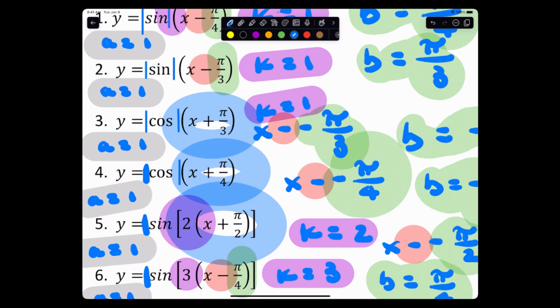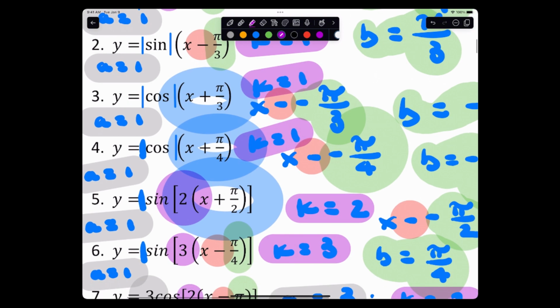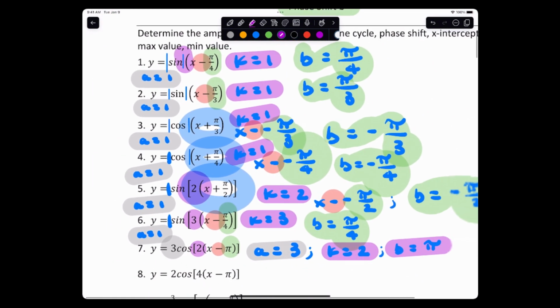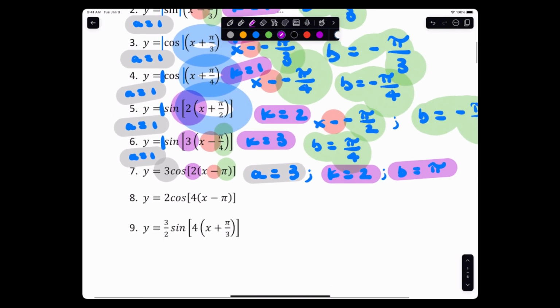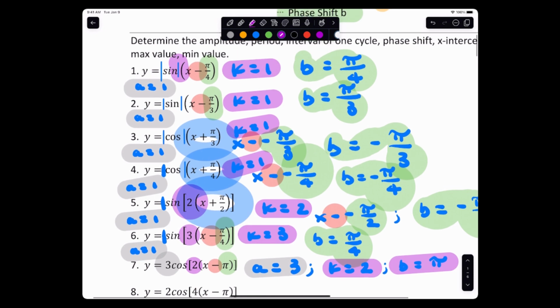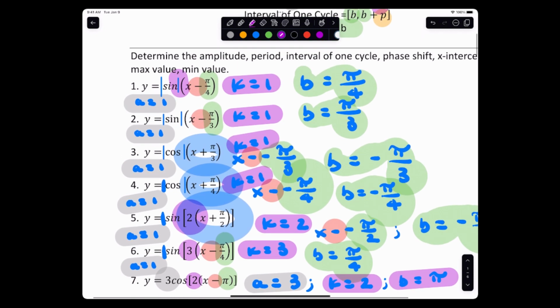K is 1. Oh my God, look at all those colors. Let's do a few more, is that right? Anybody have any questions on all those K values, by the way? You can see that there.